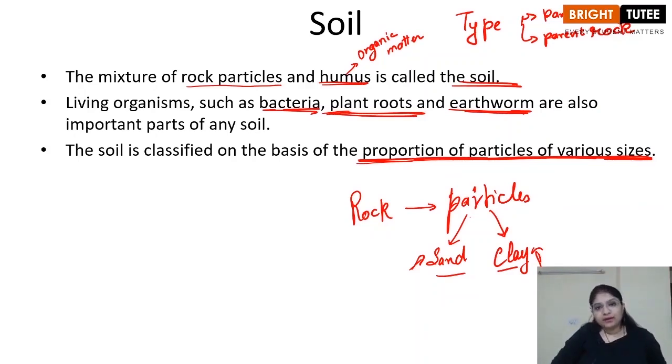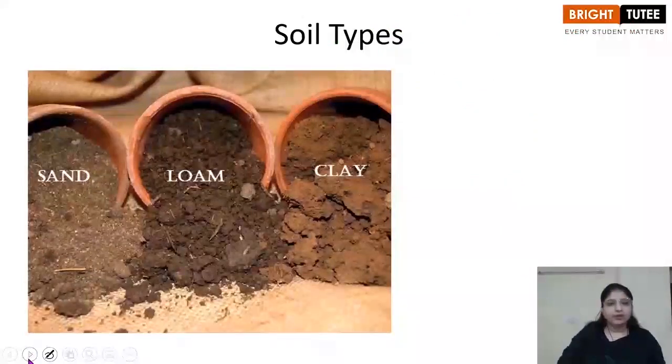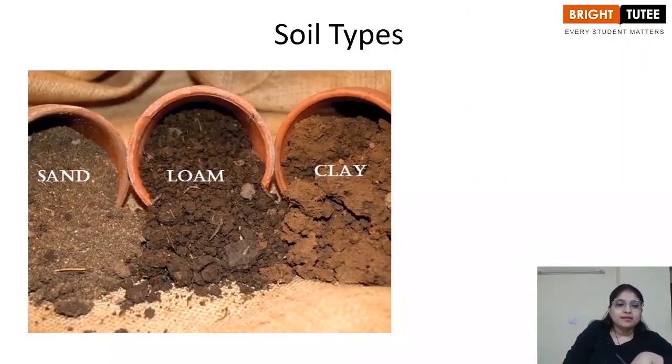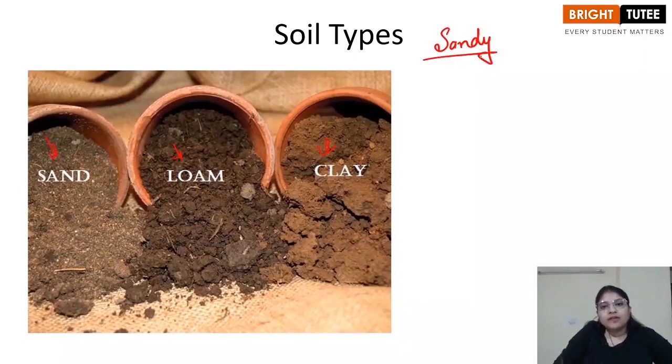So when we classify soil, we classify it into three parts: sandy soil, loamy soil and clay soil. If you look at the texture of all three, you might be able to understand a little about that. When we talk about sandy soil, the name suggests it has greater sand particles.